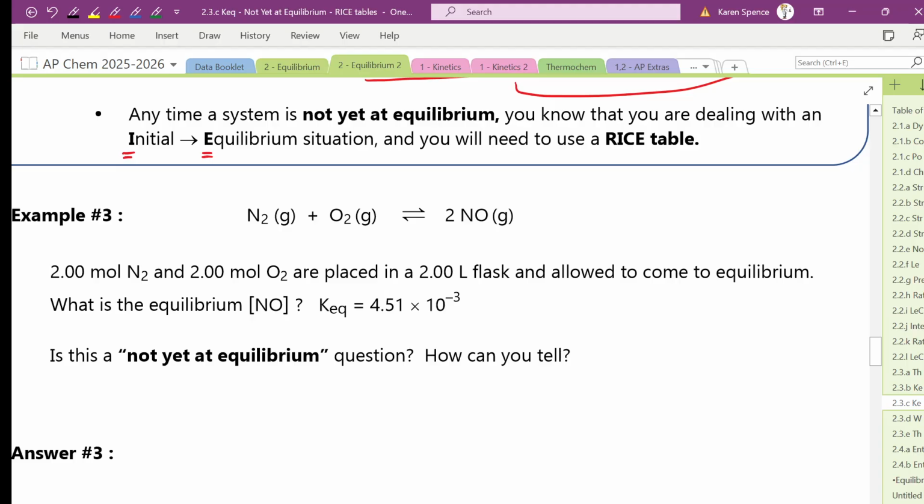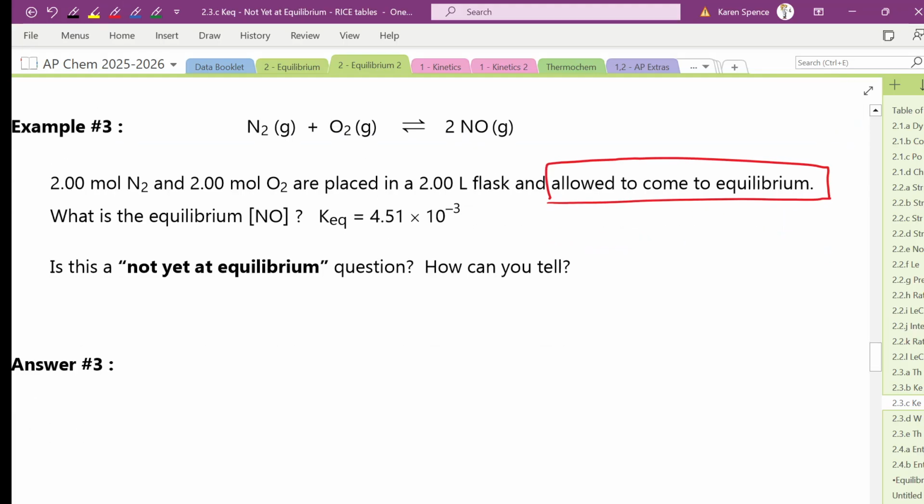How do we know? Are we at equilibrium? Nope. Because this says allowed to come to equilibrium. Do you guys want to go ahead and try this one? Or at least get started on it? Do you need a book, David? You have one? Okay.